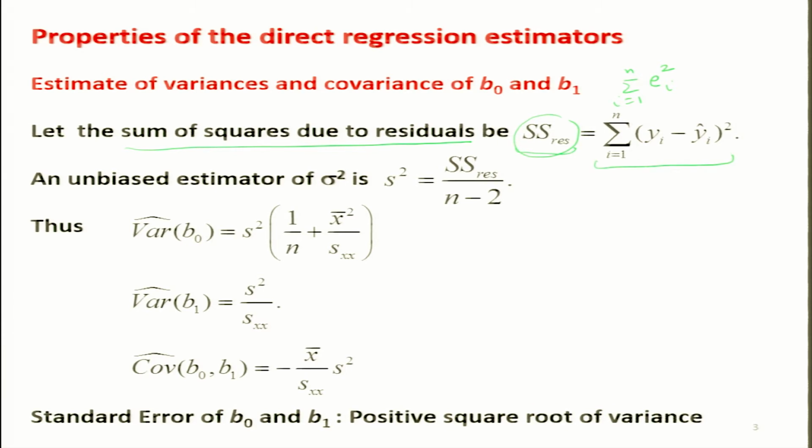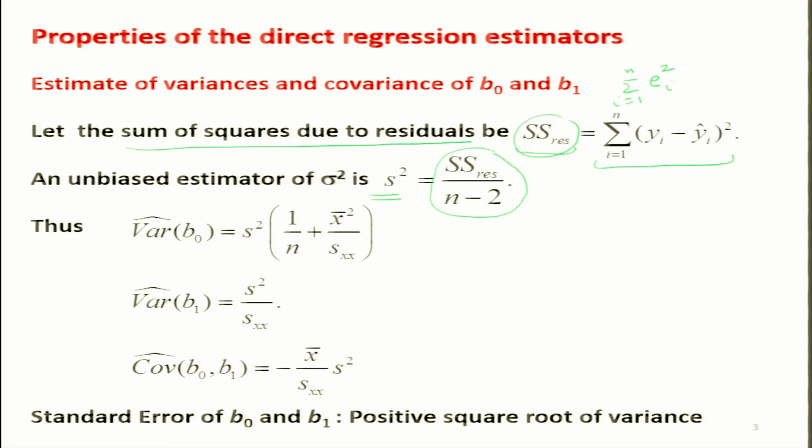An unbiased estimator of sigma square is this quantity small s square, which is sum of squares due to residuals divided by n minus 2, right. How it is obtained, I will show you in the further slides.